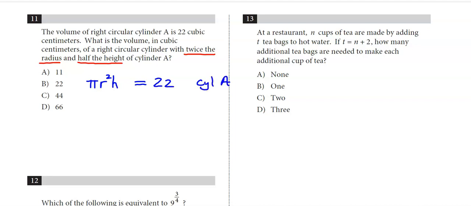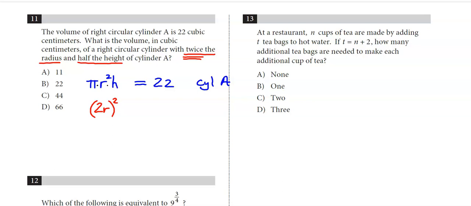Now what you want to do is change the expression and put twice the radius. So instead of squaring the radius, and remember this is just r times r, instead of having r squared, we're now going to have twice the radius squared. Be careful that you put parentheses around that so that the 2 gets squared as well.